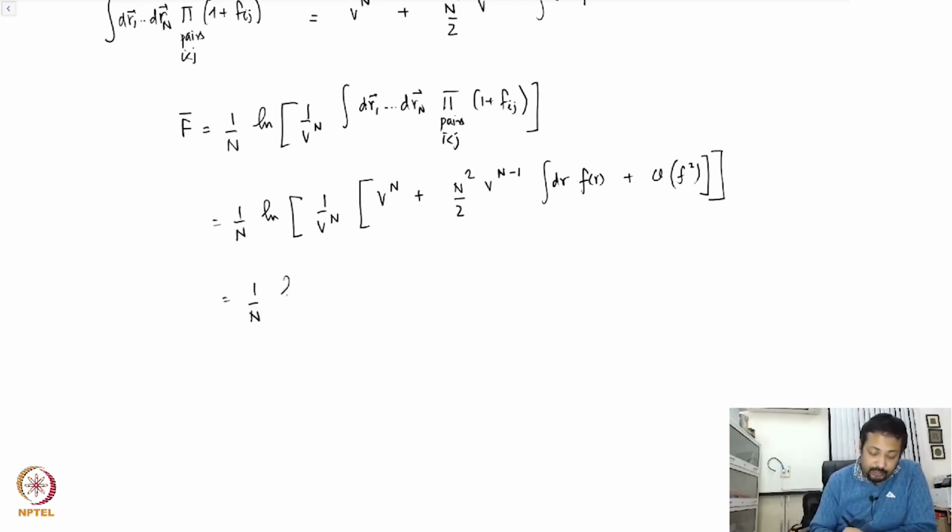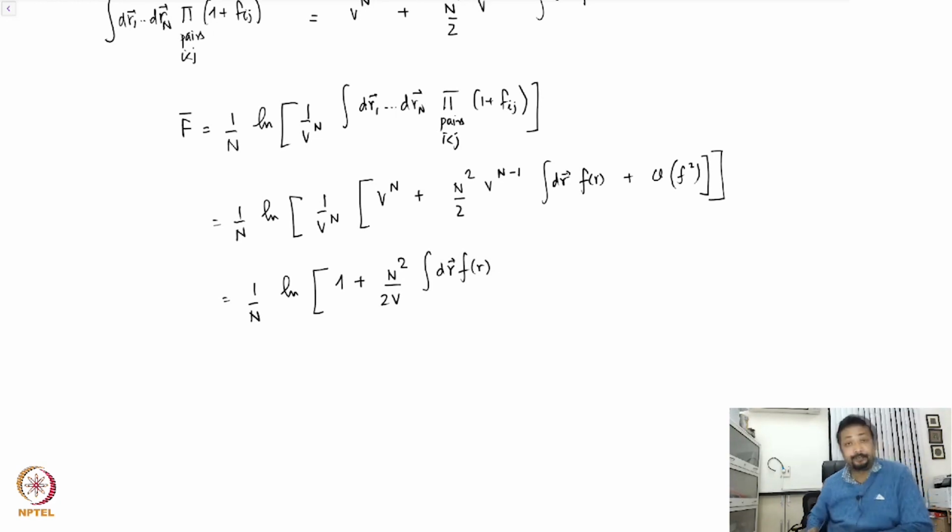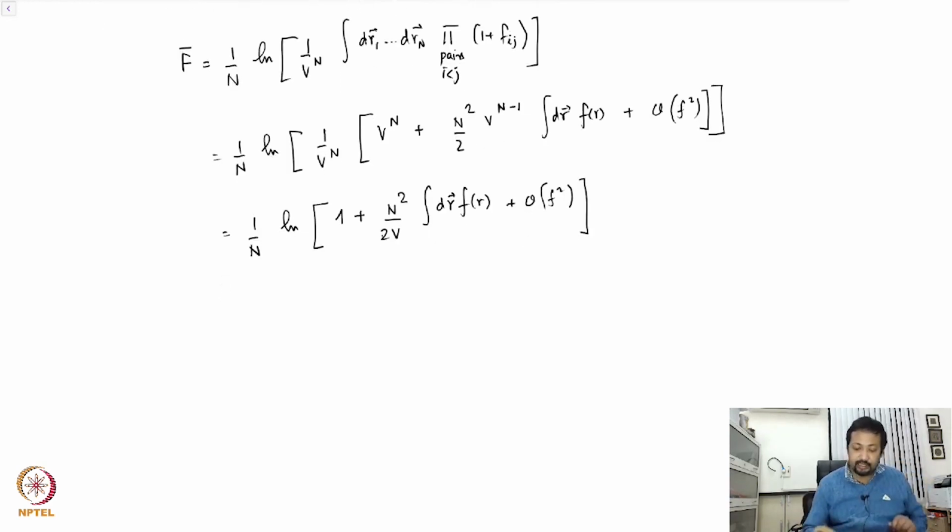So this is 1 by n ln of 1 plus, V to the power n divided out, n squared over twice V times the integral dr, vector r, f of r, plus order of f squared. Again, since f is very tiny, so that we are looking in the low density limit, I can just take this expansion.